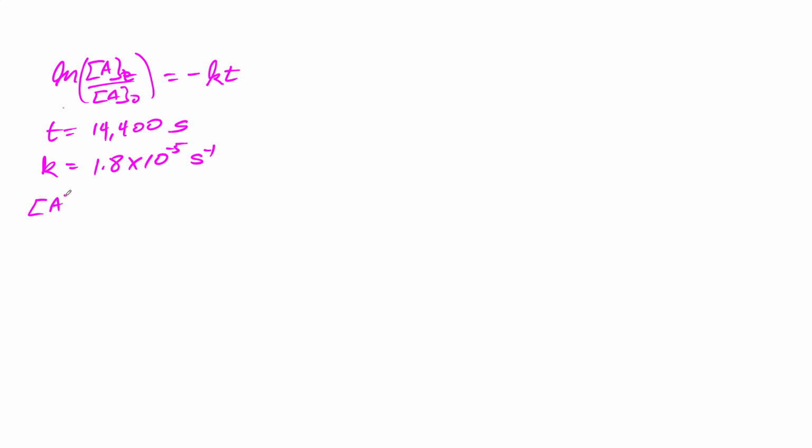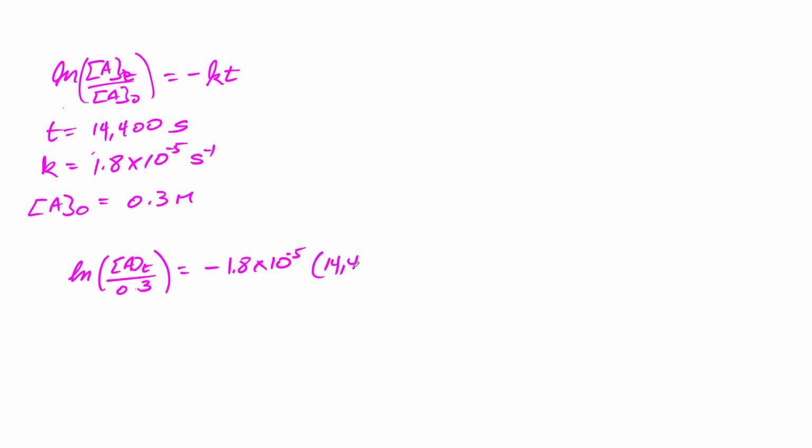And a sub 0 is, I believe, 0.3. Now, this means the concentration, so I can leave off the units. So we need a sub t. There's a couple of ways to solve this, but what I would do is take this fraction, a sub t, put in 0.3, then take minus k, 1.8 times 10 to the minus 5th, times 14,400, and multiply these two together.